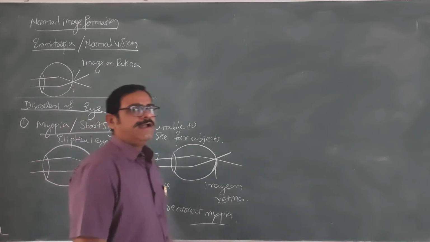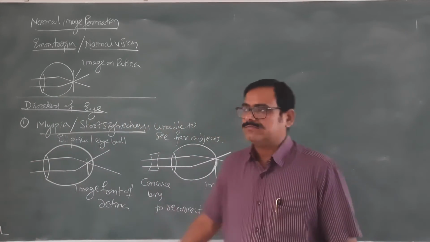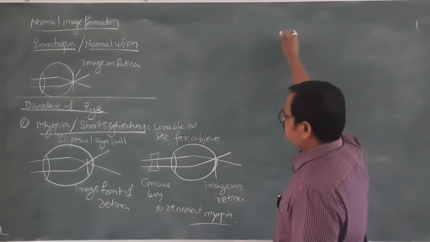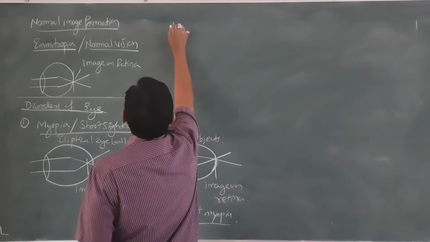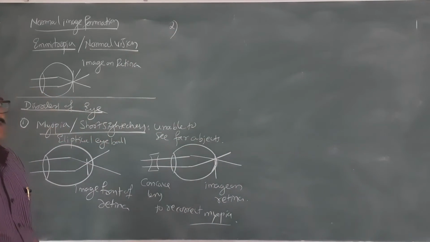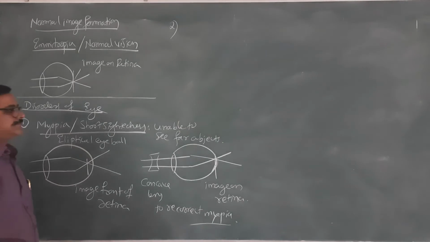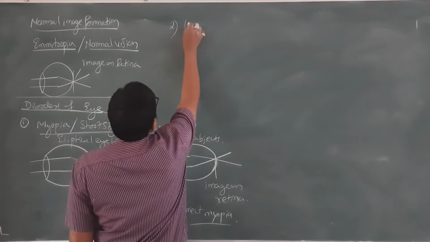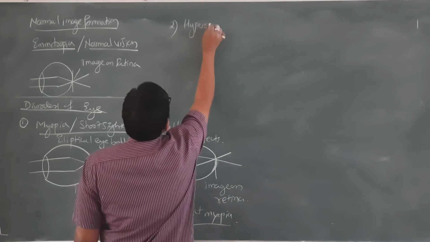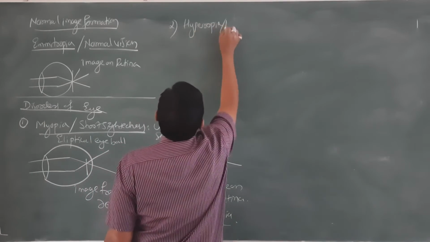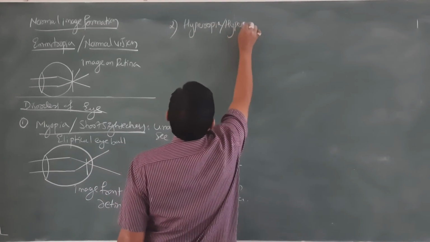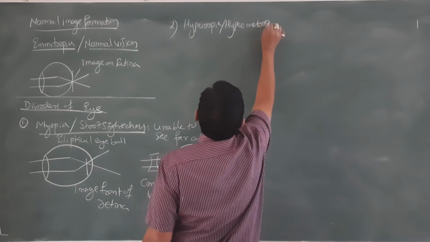Okay. The second kind of disorder, yes, you need to know. What is that? Let me mention here the second type of disorder. Yes, it is also known as hyperopia or hypermetropia.